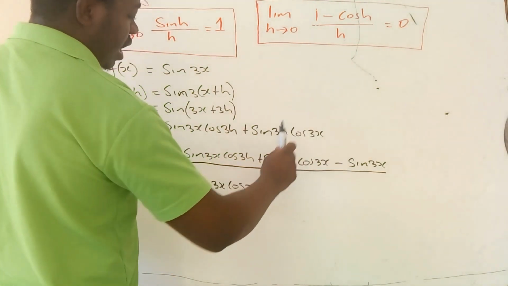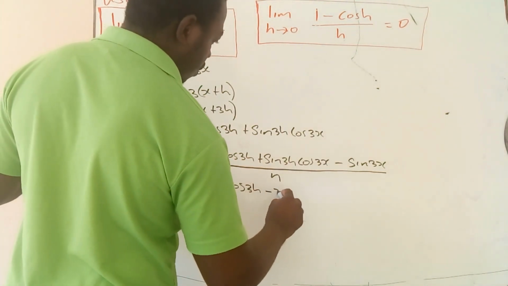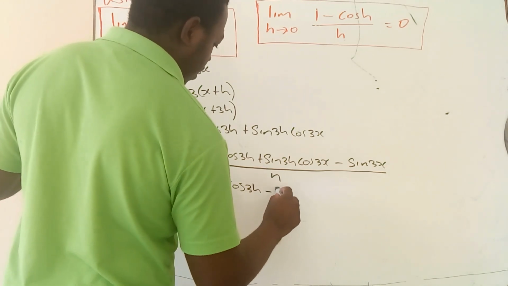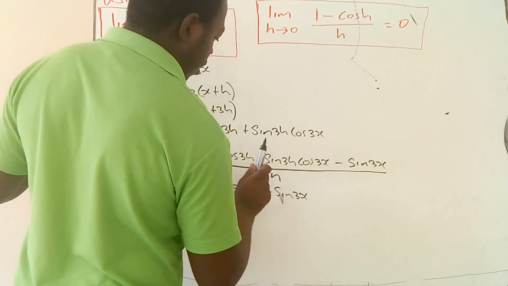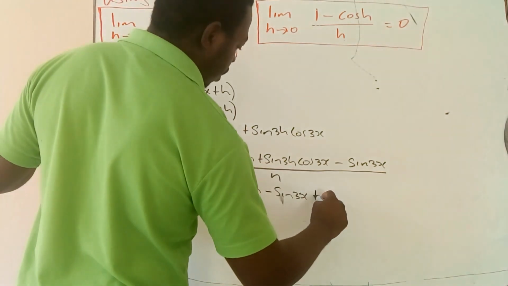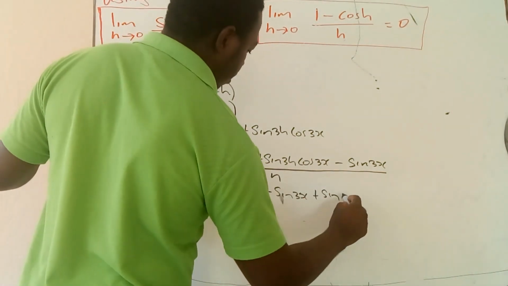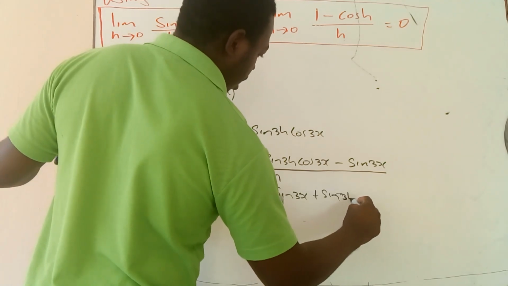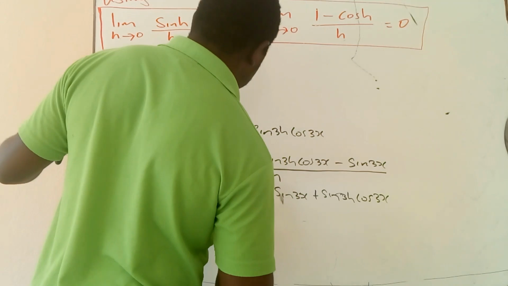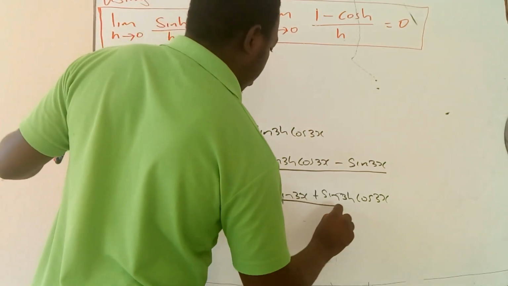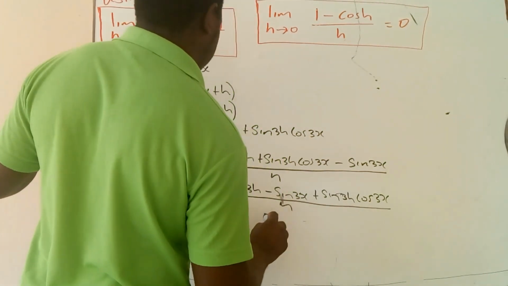Move this term with the sign, this becomes minus sine 3x, plus the middle term, which is plus sine 3h cos 3x. All of this must be divided by h.